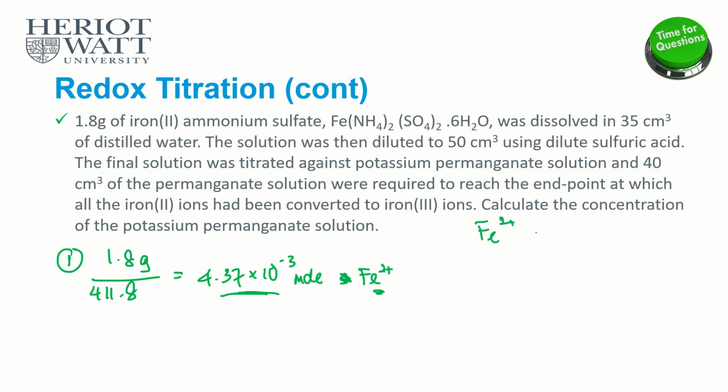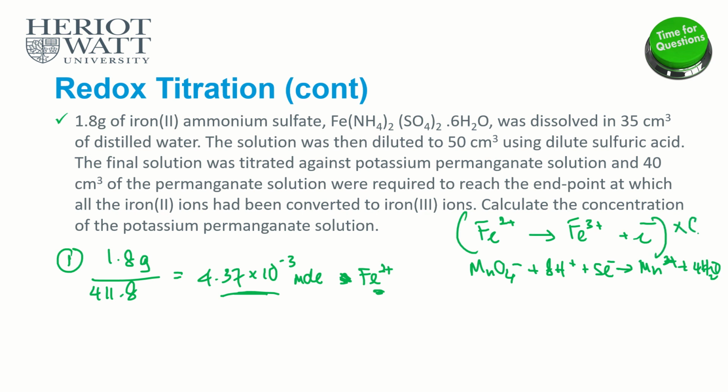So initially Fe2 plus changes into Fe3 plus plus e. That's the oxidation. And the reduction will be the one I showed you just now: MnO4 minus plus 8 H plus plus 5 electrons changing into Mn2 plus plus 4 H2O. So those are the half equations, the oxidation and reduction. And what we're going to do is balance them.